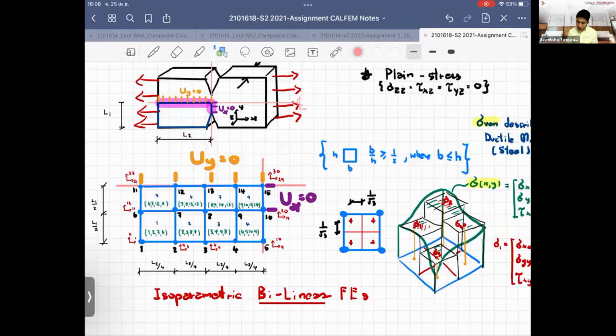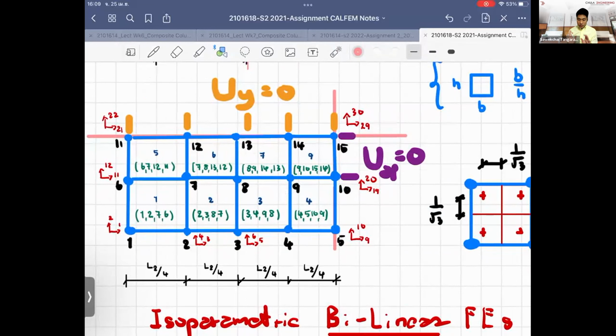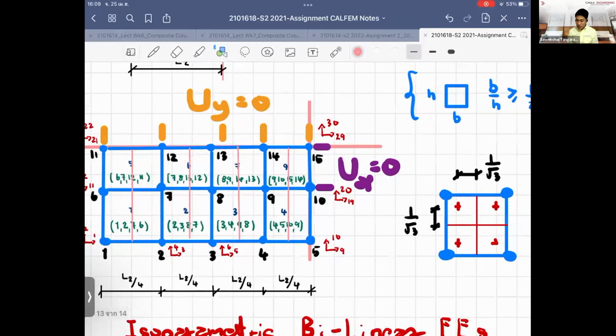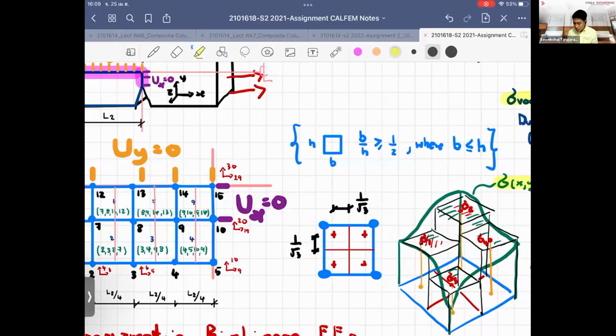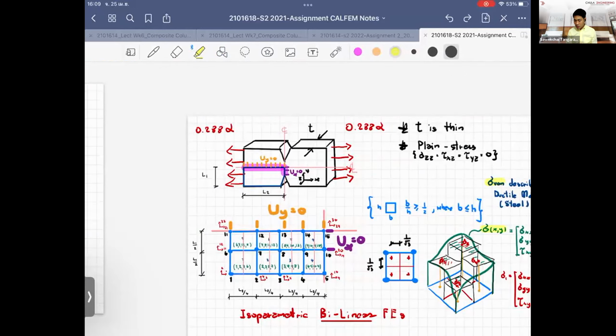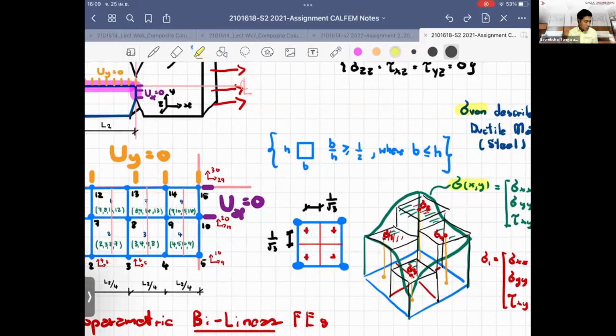If I want to discretize more from each element we have here, I can simply subdivide them along the length by half. But if I subdivide them by half, what has happened is it starts to violate the ratio. This has been put as a must, that you should not have the ratio of the shortest size to the longest size more than half.